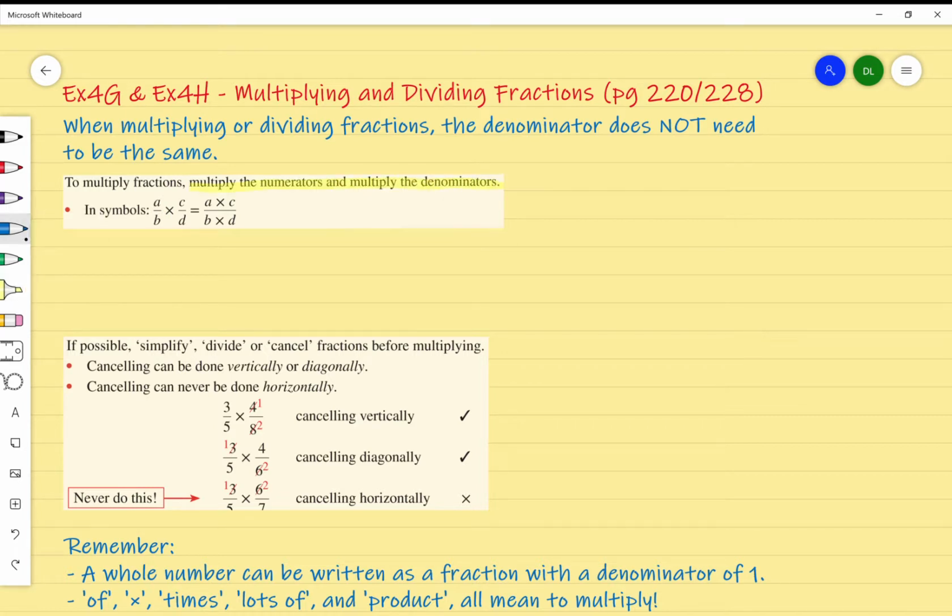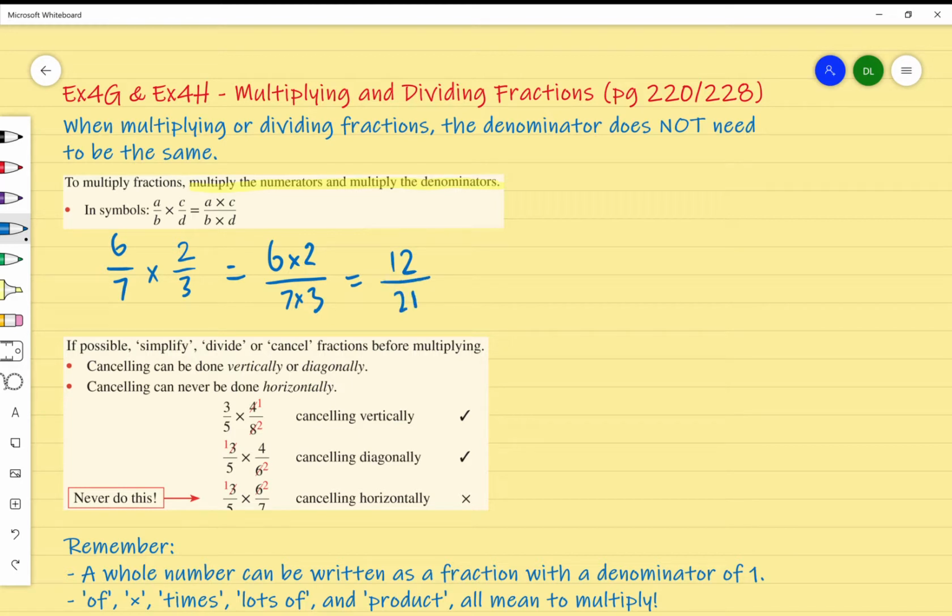Okay, and a very quick example of this, if I have, for example, 6/7 times 2/3, all I do is I say, well, 6 times 2 on the top, 7 times 3 on the bottom. 6 times 2 is 12, 7 times 3 is 21.